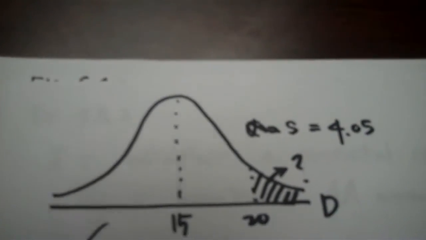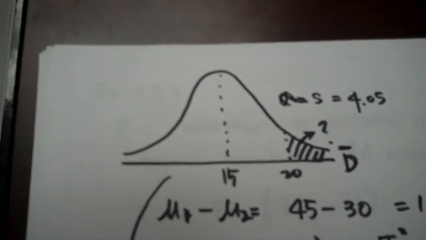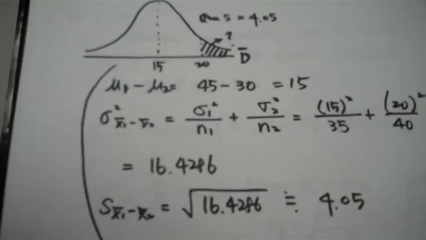So that is the difference, normally distributed, the mean of the difference. It follows a normal with mean 15 and standard deviation 4.05 from here.